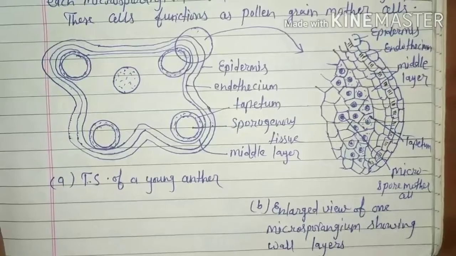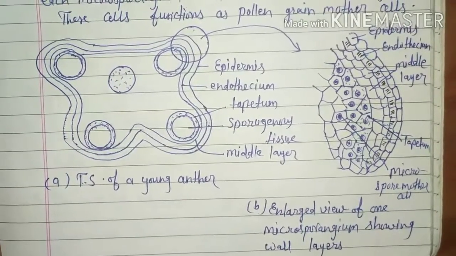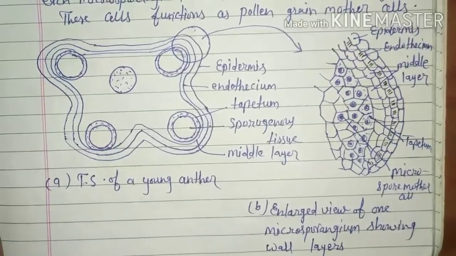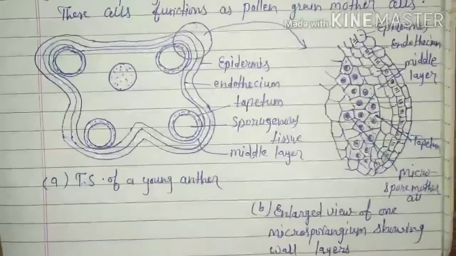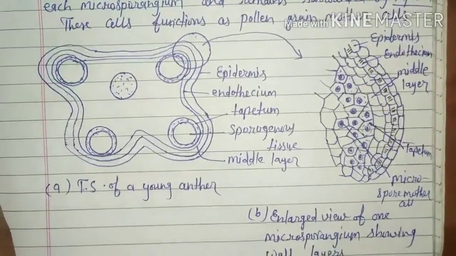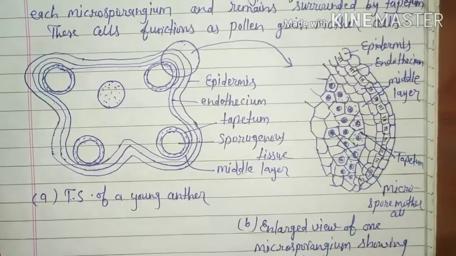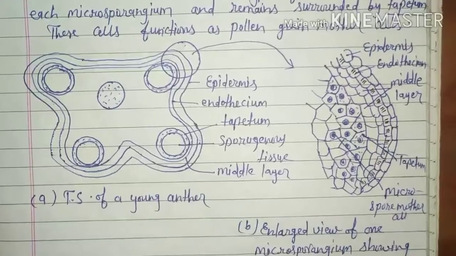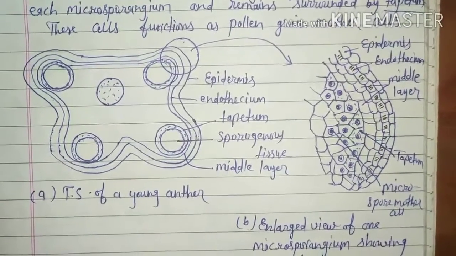Stamen consists of three parts: filament, connective and anther. In the anther, two lobes are present. It means the dithecous condition, or two thecae, is found.